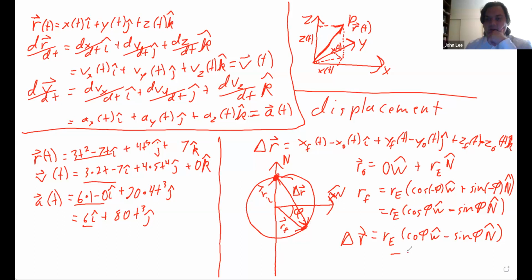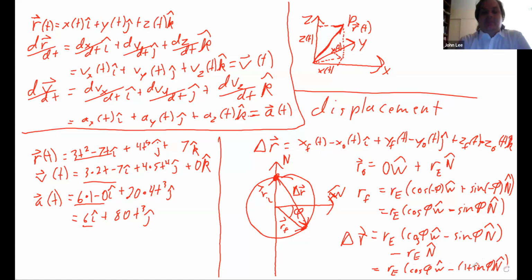minus R_E north, which is just going to be R_E times cosine phi west minus 1 plus sine phi north.